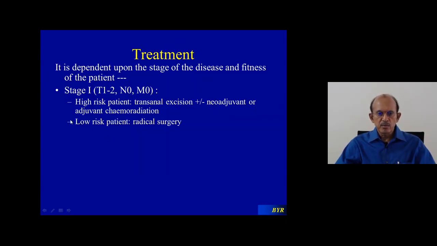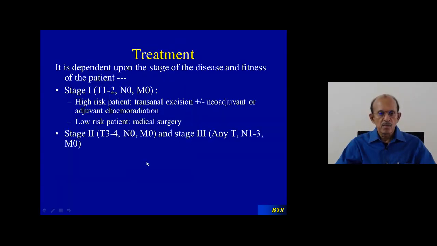Where patient is low risk, that means it has no risk as far as metabolic and vital systems are concerned, you go for the radical surgery. Stage 2 patients, that means T3, T4, that means muscular involvement and serosal involvement or adjacent organ involvement, and stage 3, N1 to 3, that means if lymph nodal metastasis is present, then you have to give neoadjuvant chemoradiation.